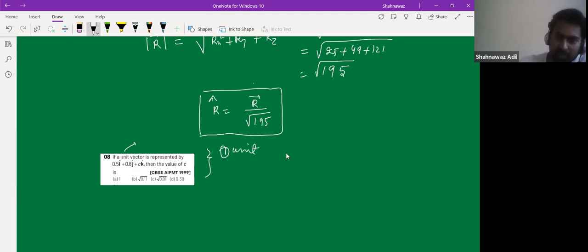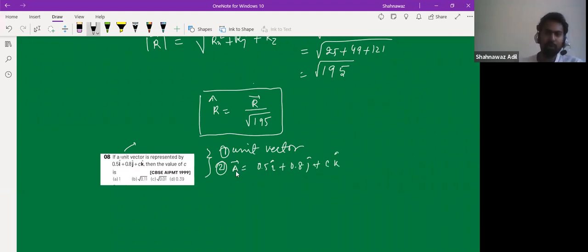And you have also been given the vector. Let's say this is the vector A, which is 0.5i plus 0.8j plus ck. Here it is asking about the value of c.